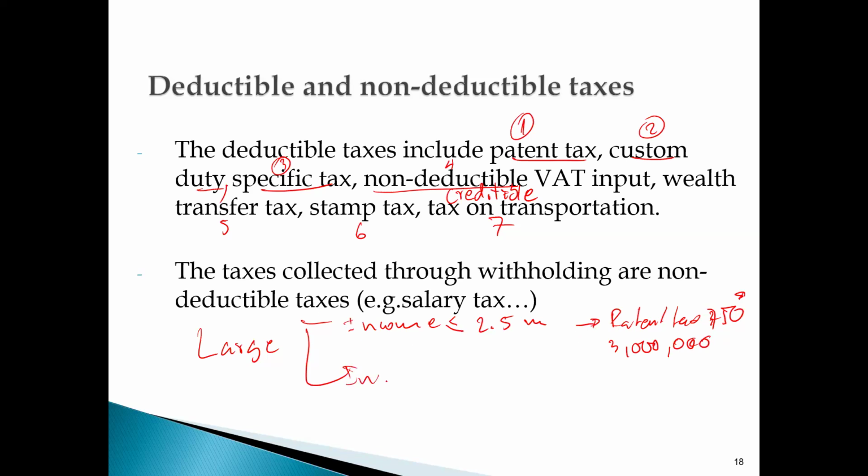But if your income is this much in US dollars, then your patent tax will be 1,250, equal to 5 million Khmer Riel. I just want to remind you because sometimes I see they ask this quite often in multiple choice questions.